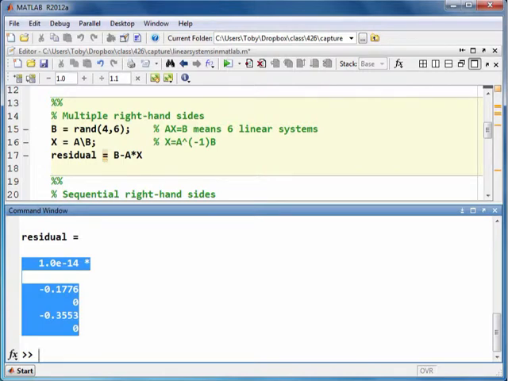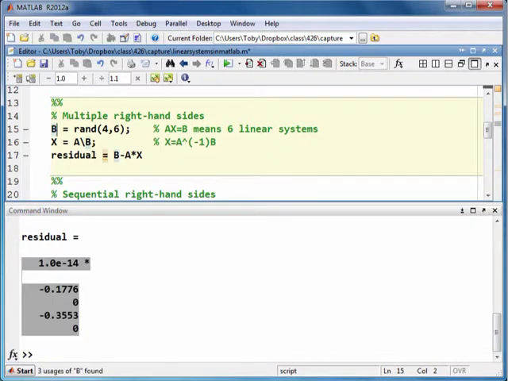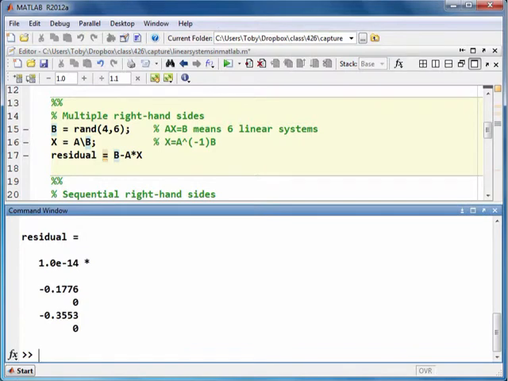All right, now sometimes it happens that we want to solve multiple linear systems, all with the same matrix A, but with different right-hand side vectors. And to do that, we use a linear algebra trick. So if we're trying to solve AX1 equals B1, AX2 is equal to B2, and so on.